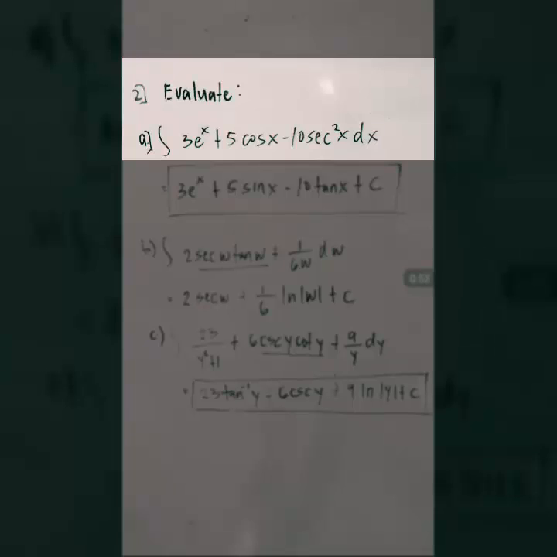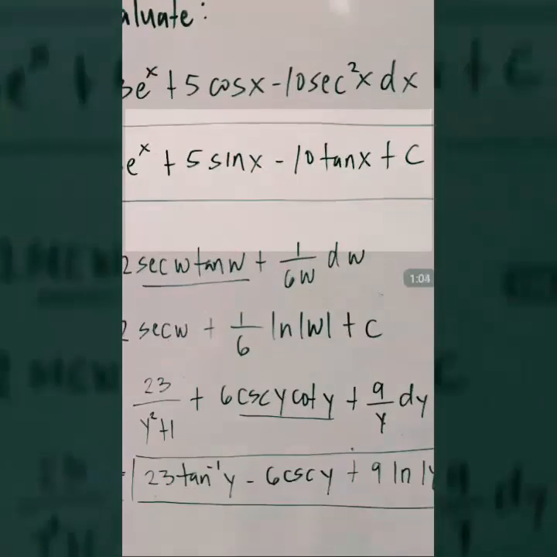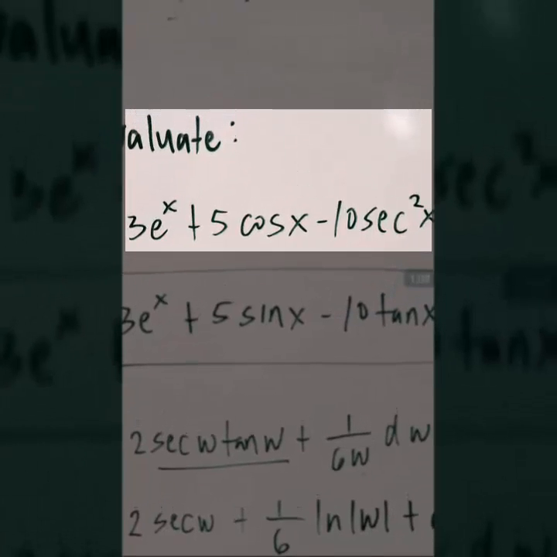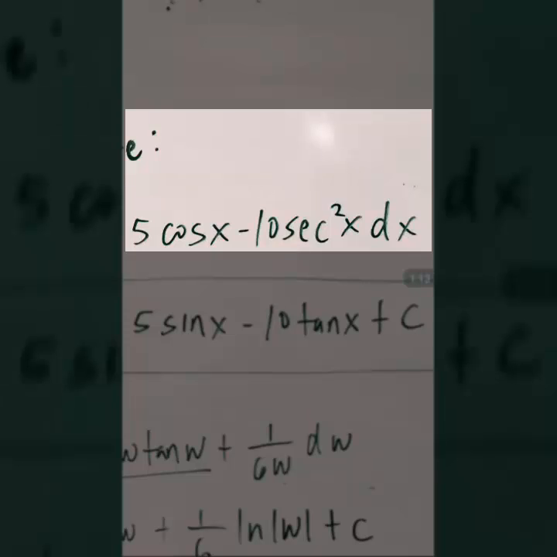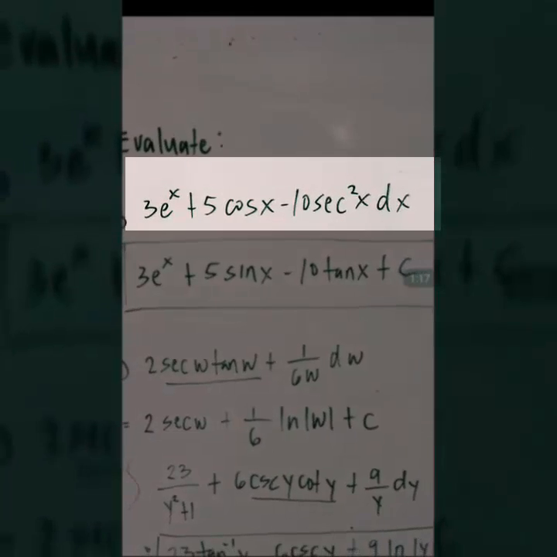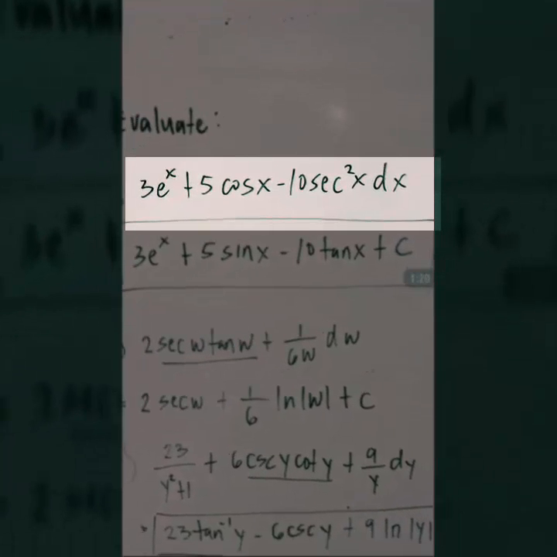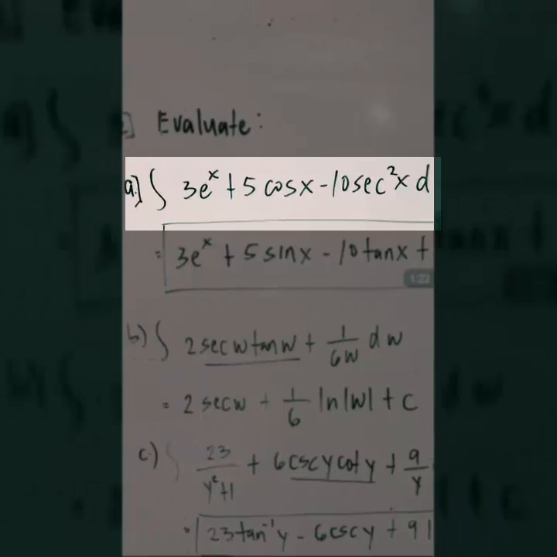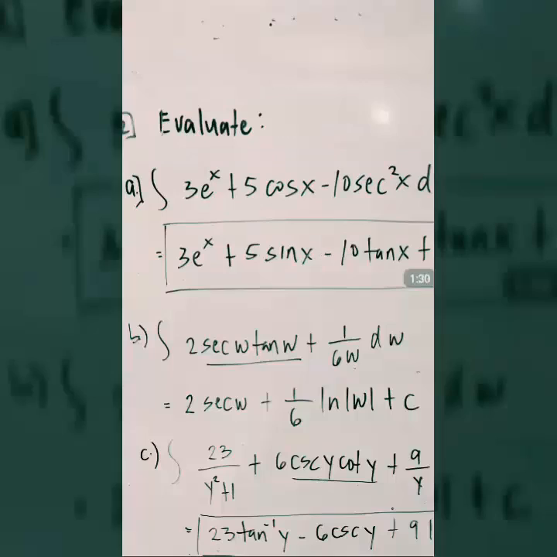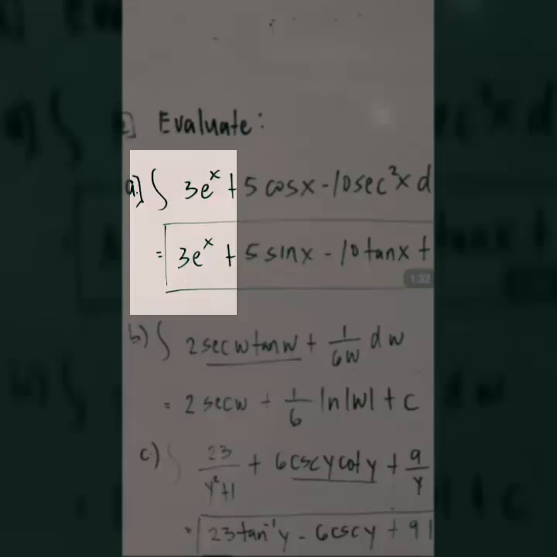Letter A. Ang example natin dito, yung first term nilagyan ko ng exponential: 3e^x plus 5 cosine x minus 10 secant squared x dx. Kung mayroon kang kopya ng ating formulas ng integration involving trigonometric function, mas madali lang. Sa unang term, 3e^x, ang integral niyan is 3e^x.